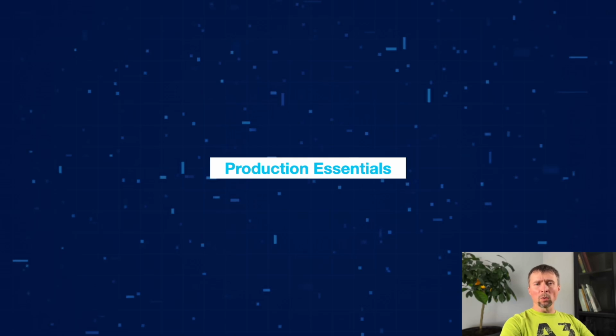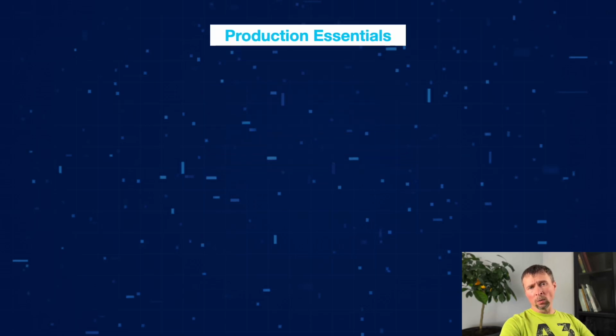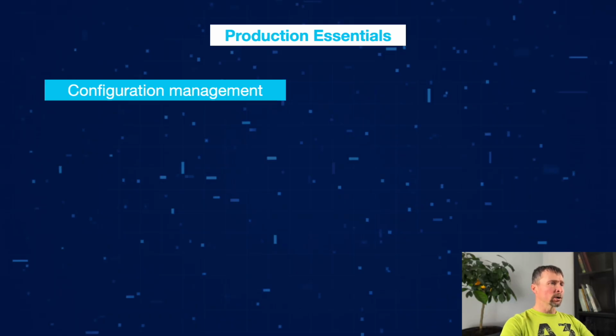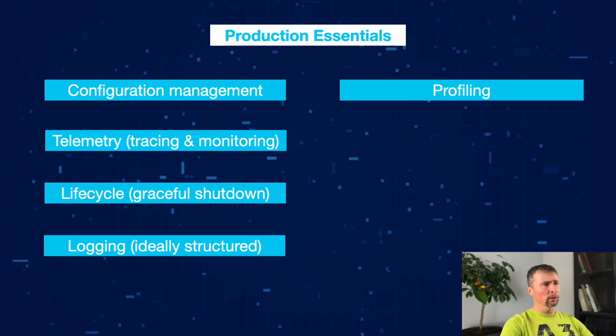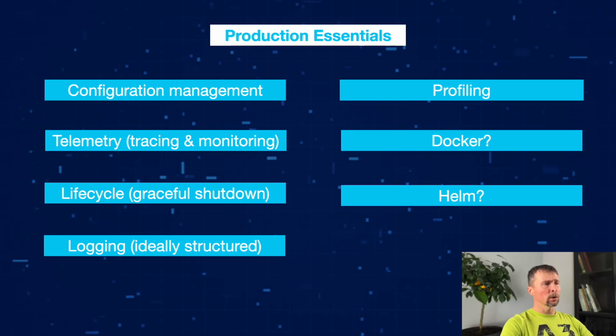Every production Go service, and not just Go, needs the same common stuff. Configuration, telemetry, graceful shutdown, structured logging, profiling, Docker, Helm. And these aren't optional. Building this yourself means reinventing or copy-pasting from somewhere.